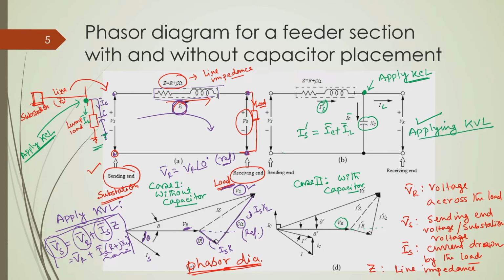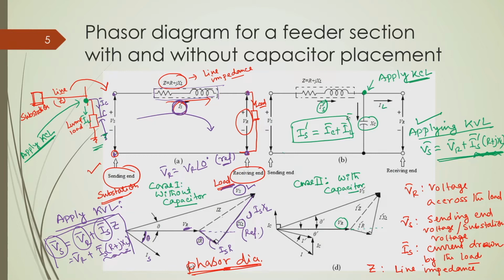We will get V s equal to V r plus I s dash multiplied by R plus j x L. This is the line drop, which depends upon the current I s dash and the impedance Z. Since the impedance remains constant, it varies with the current I s dash. Now, we have two equations, and we have to draw the phasor diagram with these two algebraic expressions.